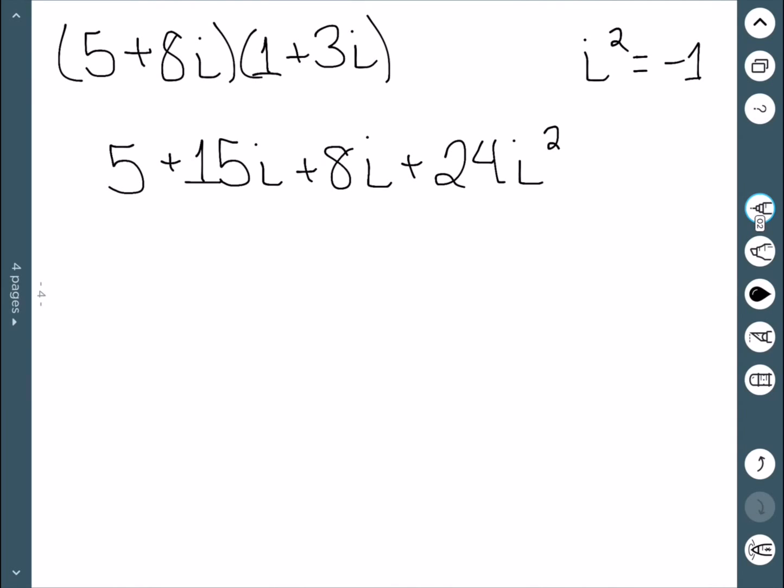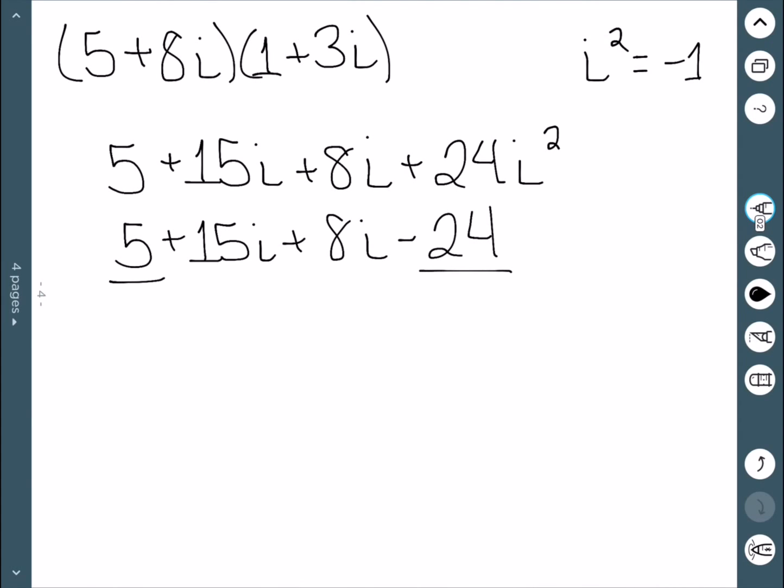This is how we define this term. So this is 5 plus 15i plus 8i minus 24. I can combine the 5 and minus 24 to get minus 19. And then 15i plus 8i is going to be 23i. So I have -19 plus 23i.